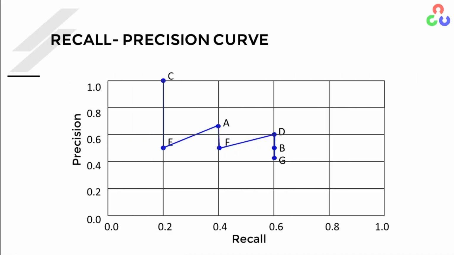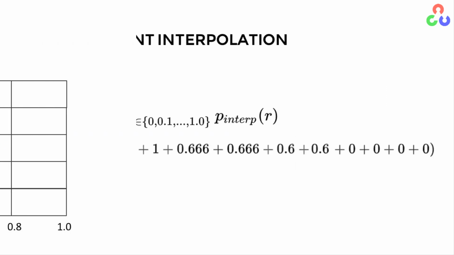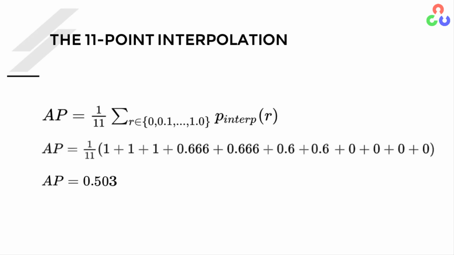By plotting the precision and recall values, we get the following precision recall curve. As we had mentioned before, there are two different ways to measure the interpolated average precision: 11-point interpolation and interpolating at all points. Let's compute both metrics. To make the 11-point interpolated average precision, we should average the precision at a set of 11 recall values, as shown here.